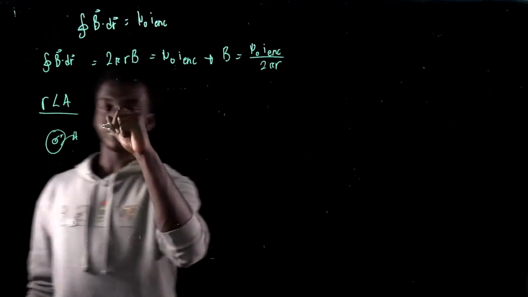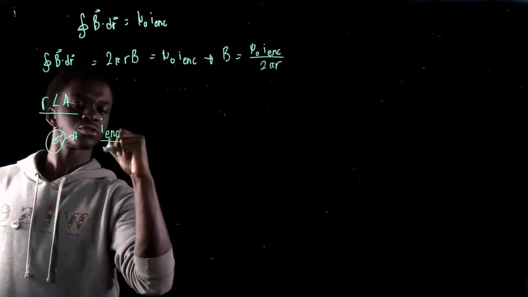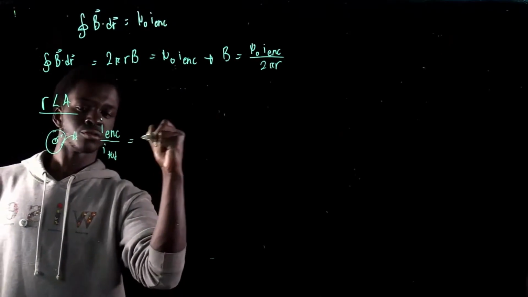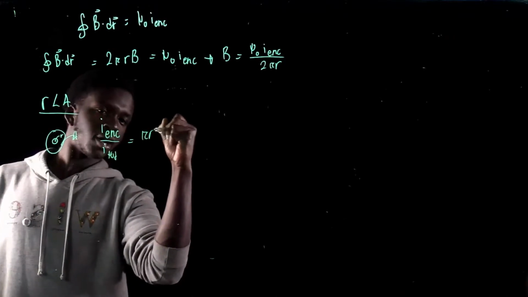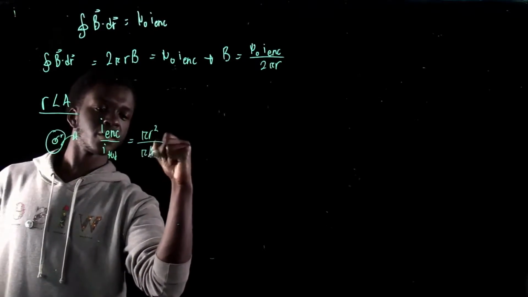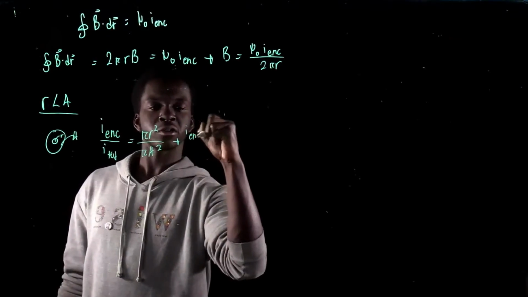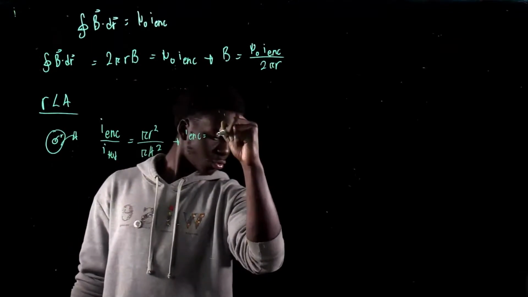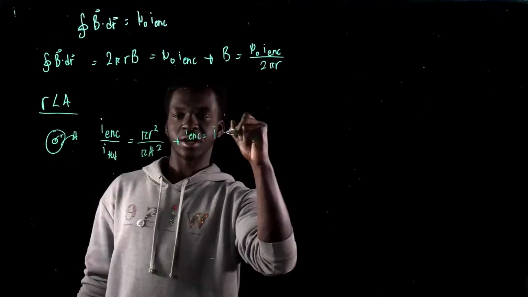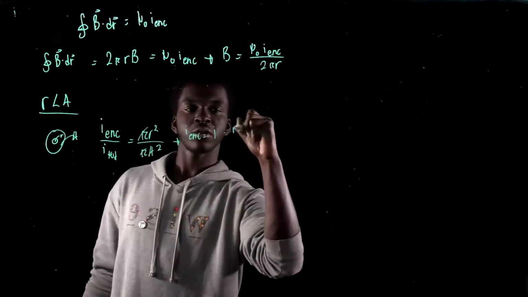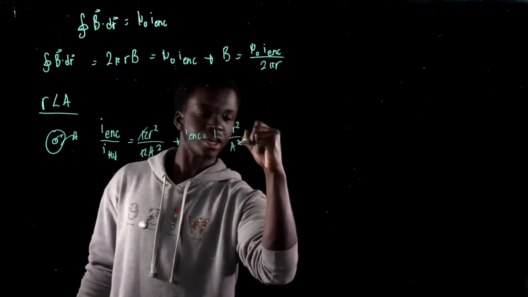So let's start off by writing the formula. I enclosed over I total is equal to pi r squared over pi a squared. And then you have I enclosed is equal to I times, the pi's go away, r squared over a squared.